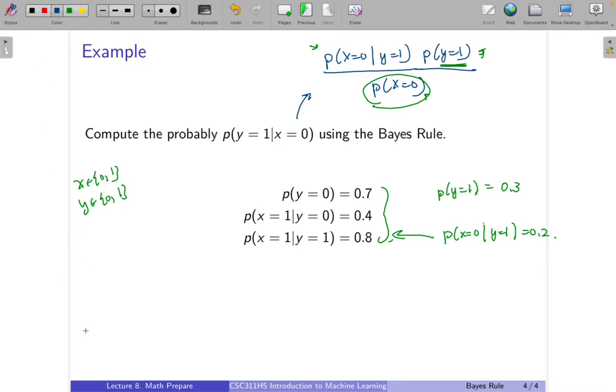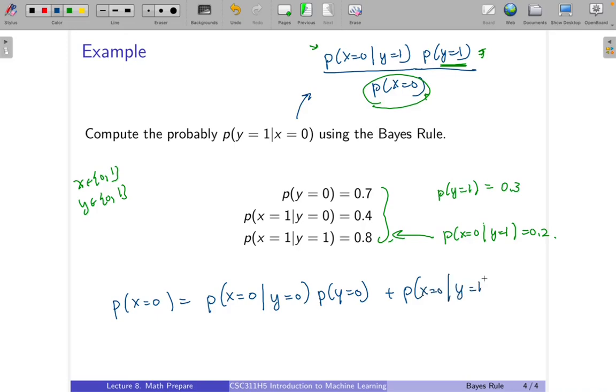And here's what we typically do. What we typically do is marginalize. We look at, all right, what is the probability that x is equal to 0 conditioned on y equals 0, times the probability that y is equal to 0, plus the probability that x is equal to 0 given y equals 1, times the probability that y is equal to 1.